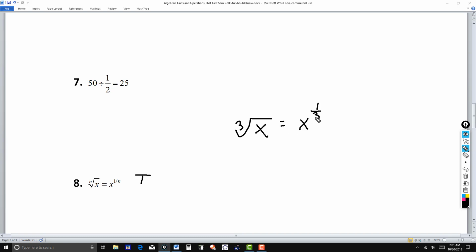If you have a square root of x like this, then the index, which is this number here, 3 is the index here in this radical, this is understood to be 2. We usually don't put it in there, it's understood, so this of course is the same thing as x to the 1/2. So this is true because that's one of your definitions for an nth root.